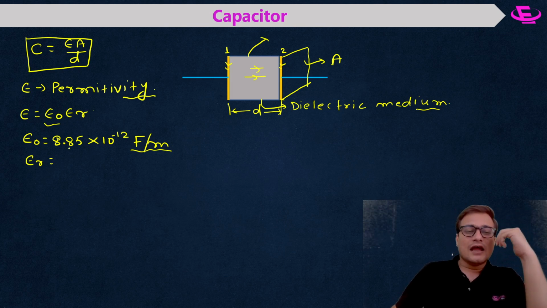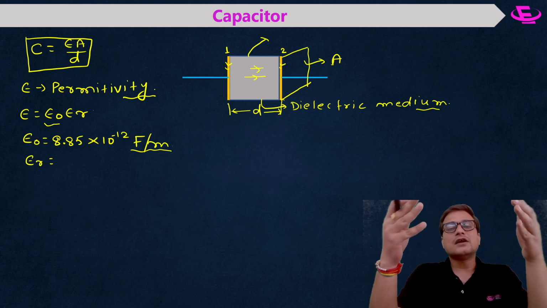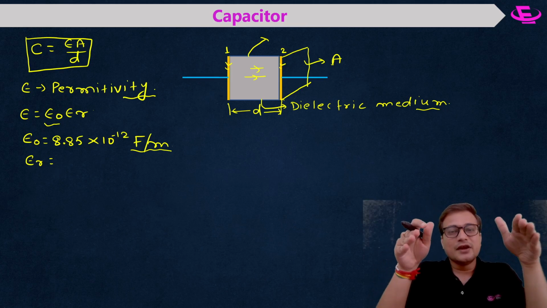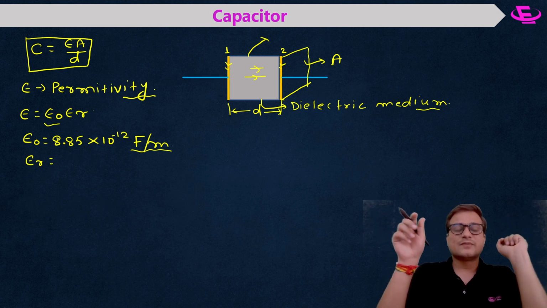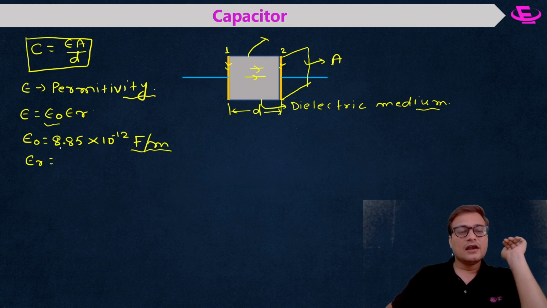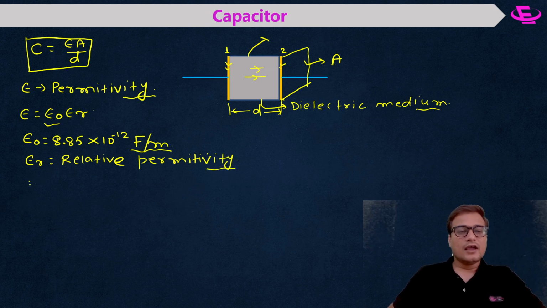That means epsilon r is the degree of comparison of permittivity of the dielectric medium with respect to the permittivity of free space. So this is called relative permittivity.